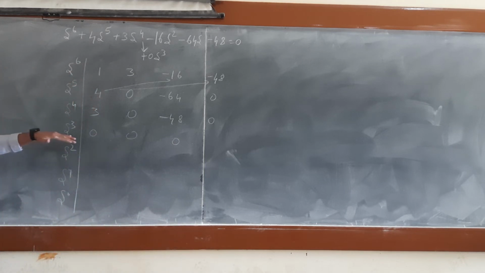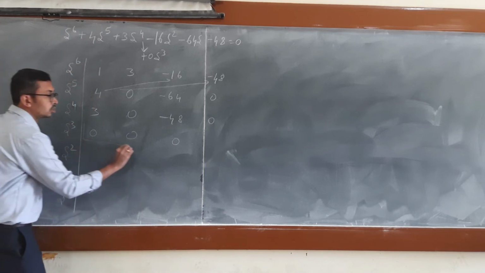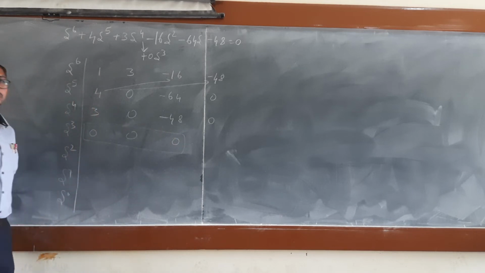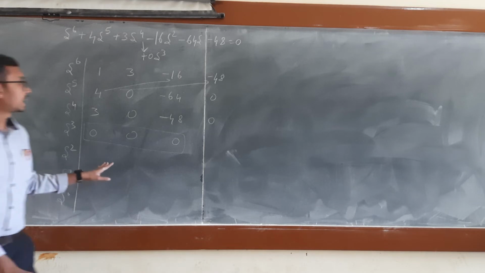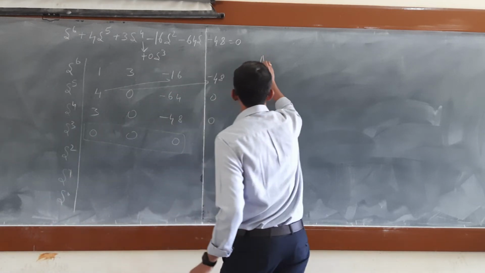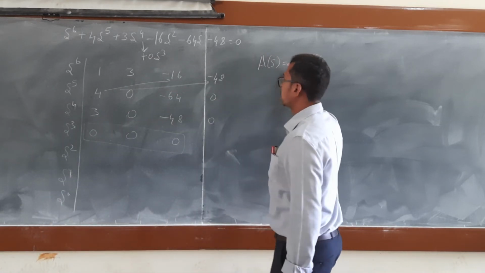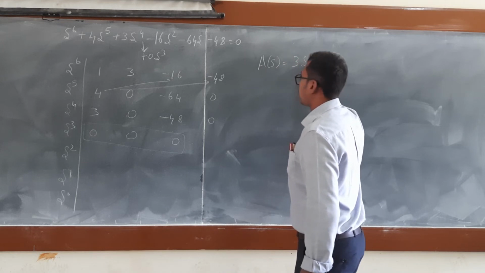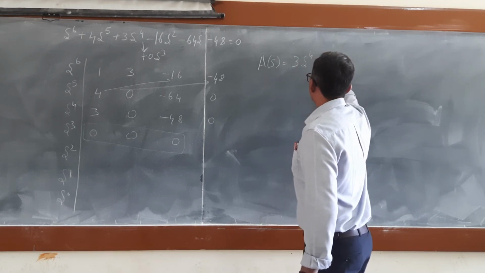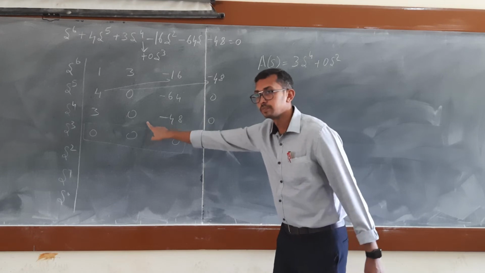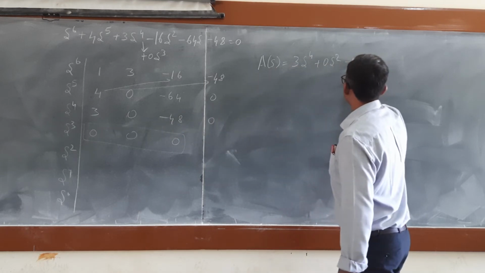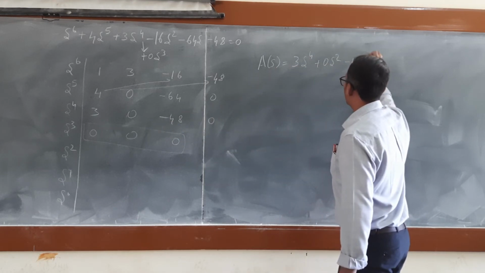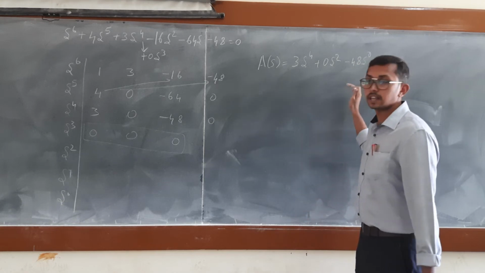Right? So this is a row of zeros, and so this is special case number 2. Therefore, what is the auxiliary equation? Auxiliary equation: 3 s to the power of 4, 0 s to the power of 2, minus 48 s to the power of 0. So this is the auxiliary equation.